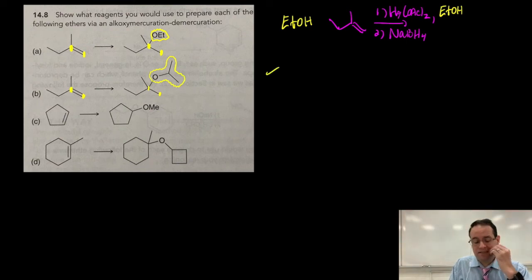Now in B, let's do a similar analysis. We have our carbon-carbon pi bond. You identify where those 2 carbons are, and you see what's been added. We're adding an isopropoxy group, so that comes from isopropanol. Our chemical reaction would look like this.